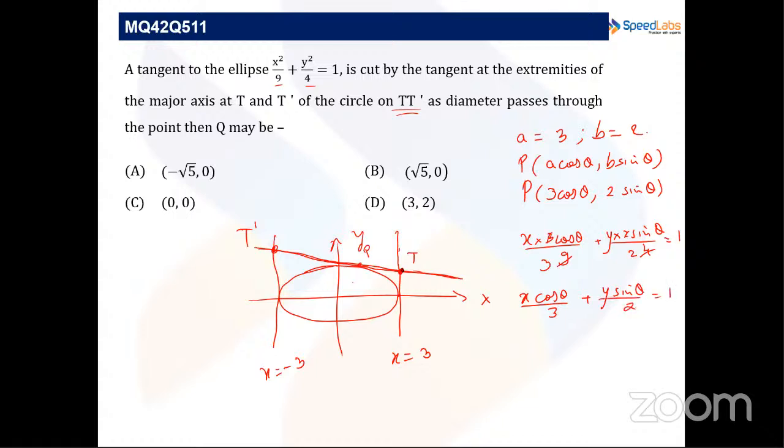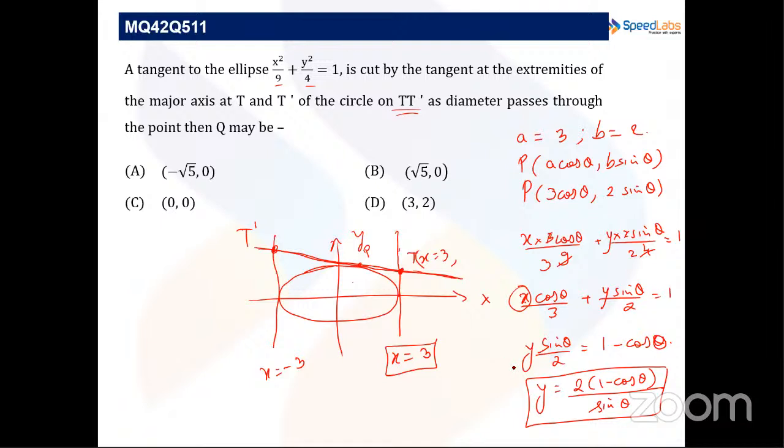Now here, to find the coordinates of point T, we already know that x equals 3. So we just need to find the y coordinate, substituting the value of x equals 3. So y sin theta by 2 will be equal to 1 minus cos theta, because 3 and 3 will get cancelled out. So we will be getting y equals 2(1 minus cos theta) by sin theta.